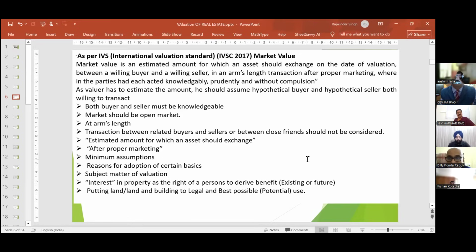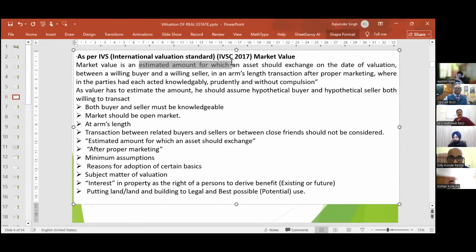Market value, what IVS 2017 says, it says market value is an estimated amount. As we have already discussed, we will be considering other factors also this time. It is an estimated amount for which an asset should exchange. The first thing is it is an estimate.